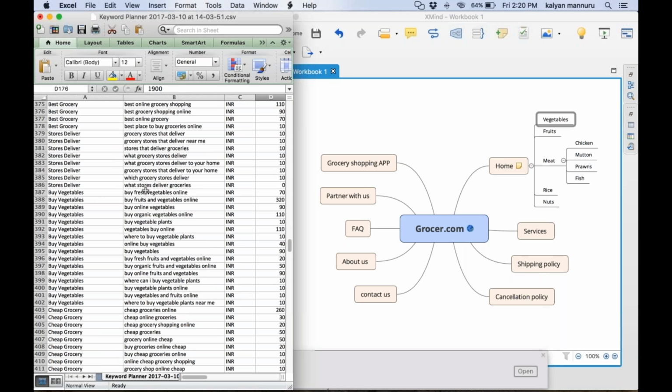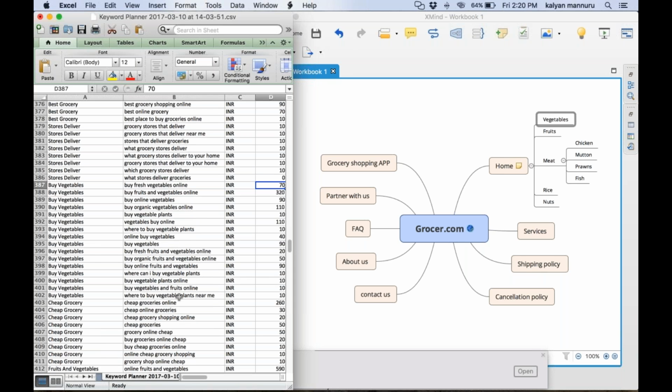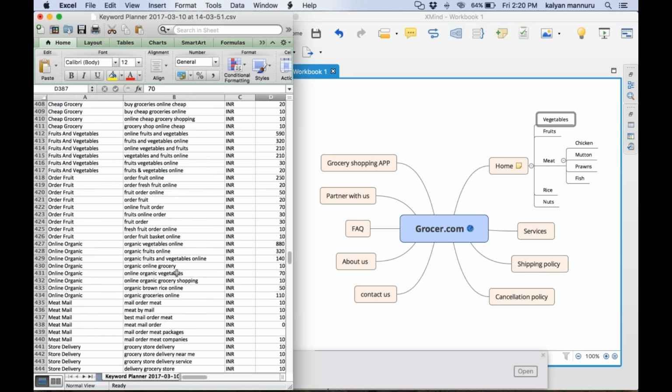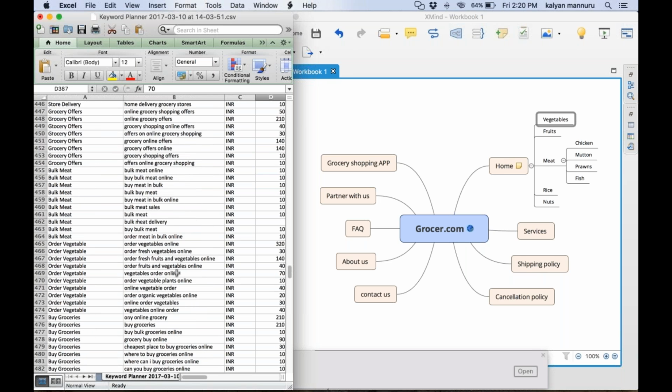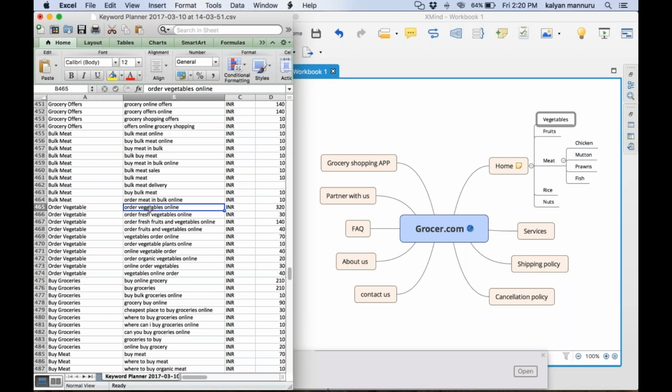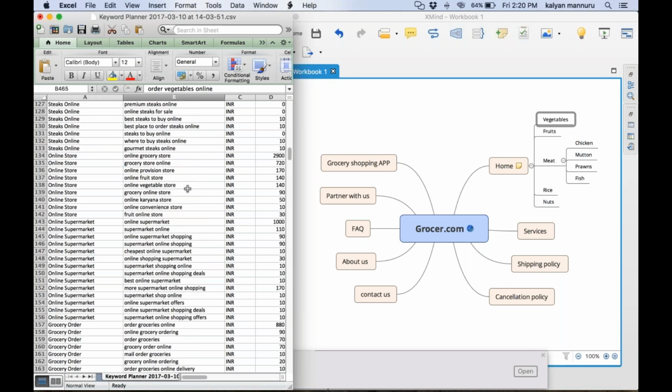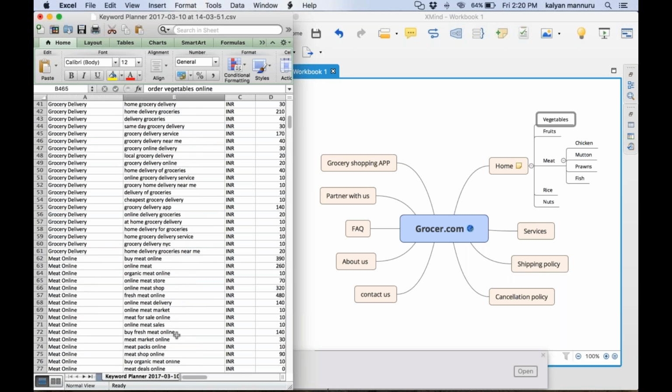Buy fresh vegetables online has only 70 searches, which I'm not willing to use right now because the search volume is too low. Order vegetables online, 320. So overall, I can see the first one that we saw is pretty good. Online vegetable shopping.